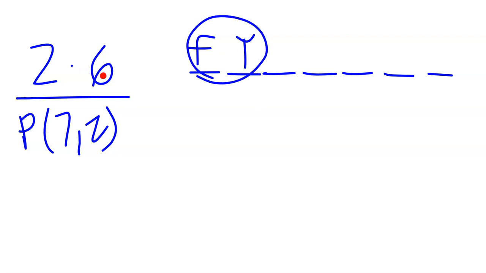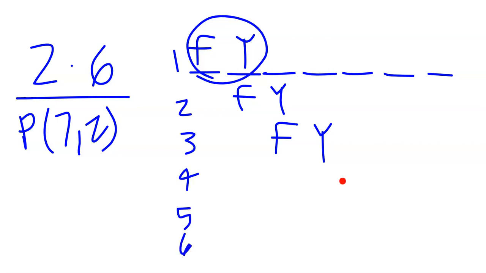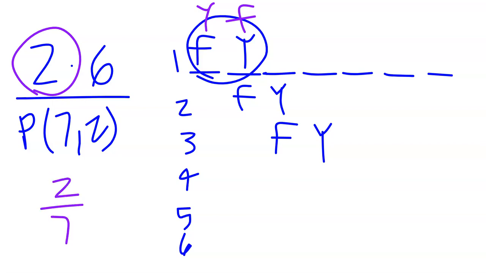And again, the 6 represents how many adjacent seats you could have, friend, you, etc. And went all the way down, said that there were 1, 2, 3, 4, 5, 6 different ways that you and your friend can be seated, times a 2 for the flip again, where it's your friend and then you, or you and then your friend. So that's the times 2 portion. And the denominator was a permutation of the 7 seats that you have. How many different ways can you arrange just 2 of them? And then still ended up getting the same answer.